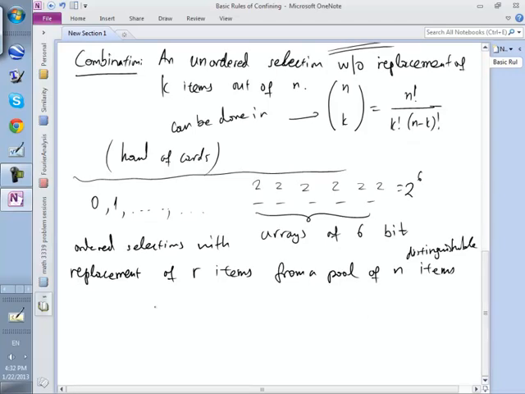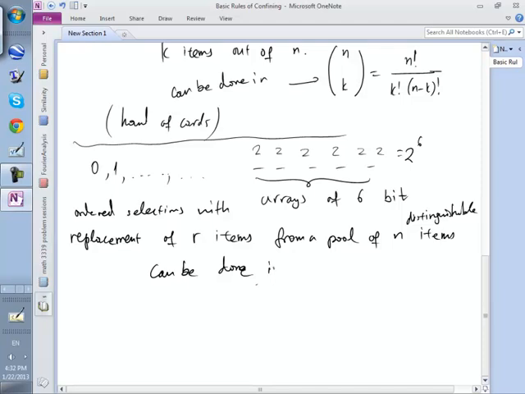So these can be done in N to the R ways, okay? And in my example, R was equal to 6 because I wanted an array of 6. I want to pick R items from a pool of 2 items. N was equal to 2. Okay, and that gave you this rule.